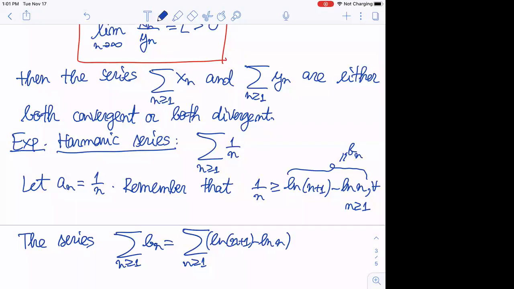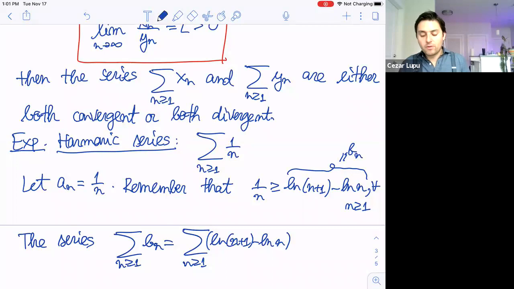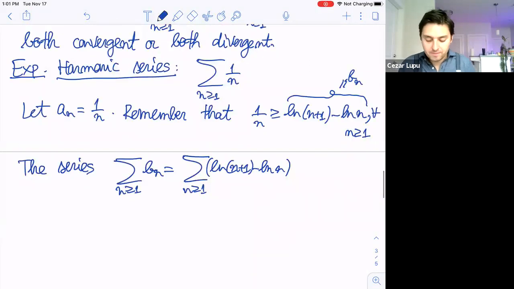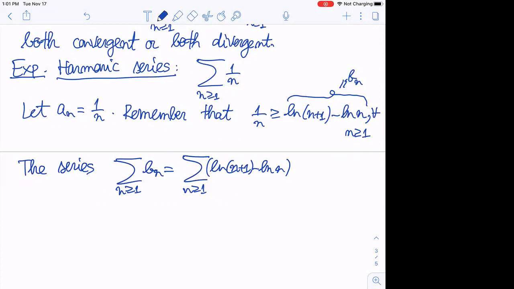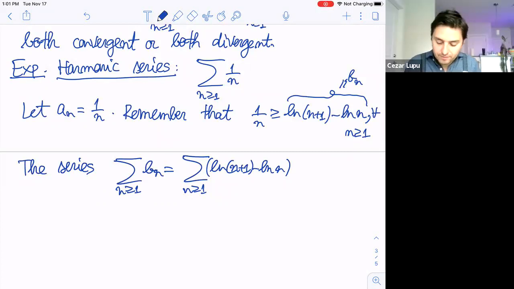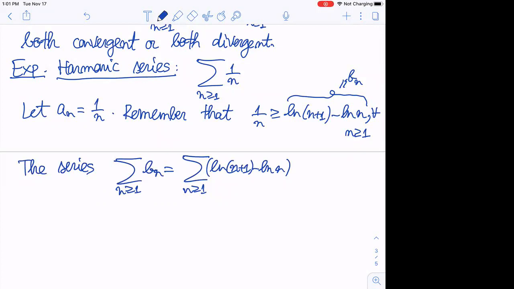If you look at the partial sums of this, aren't there telescoping sums? Where everything but the first and last term will cancel out.